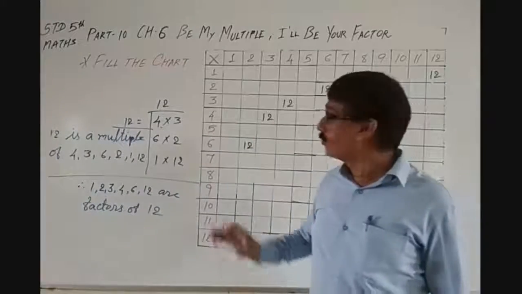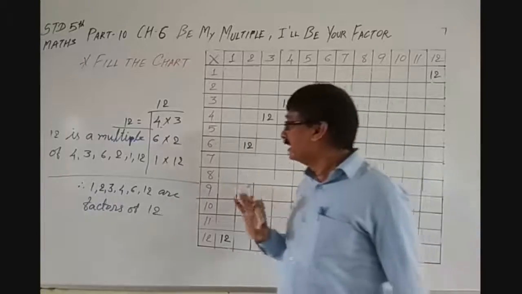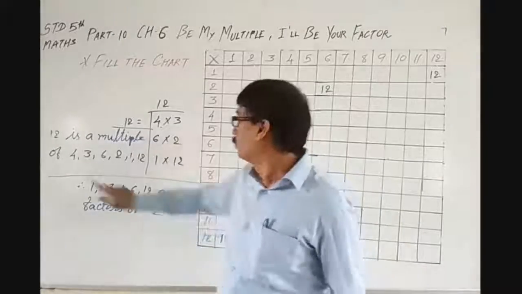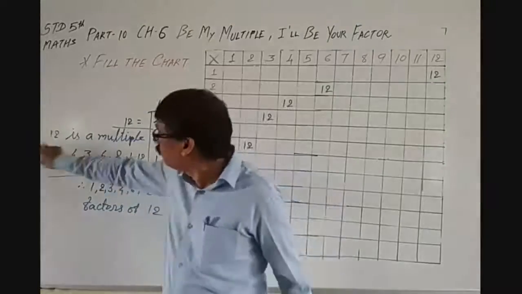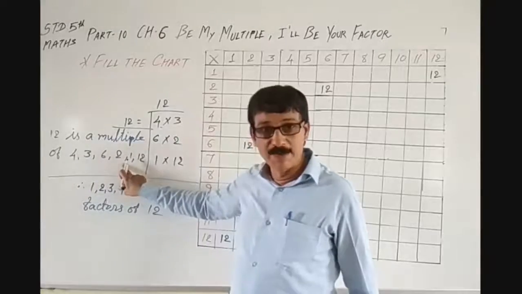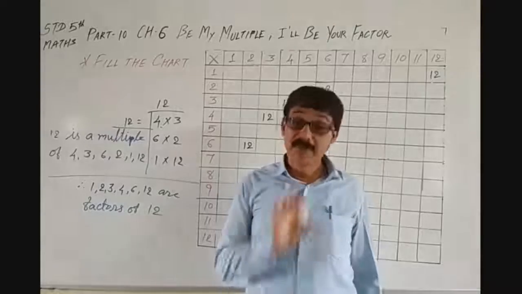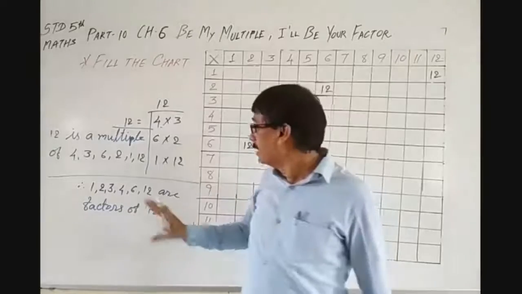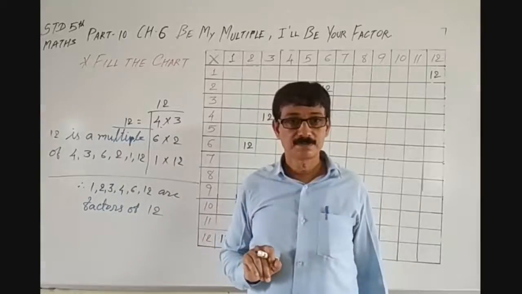So I hope you must have got this idea. In this way, we can say, see, 12 is a multiple of this much, then these are the factors of 12. 12 is a multiple of these numbers, then these numbers are factors of 12. Very easy. Okay, so we got the idea of multiples and factors.